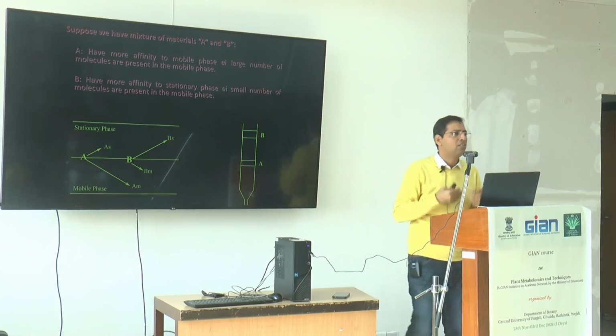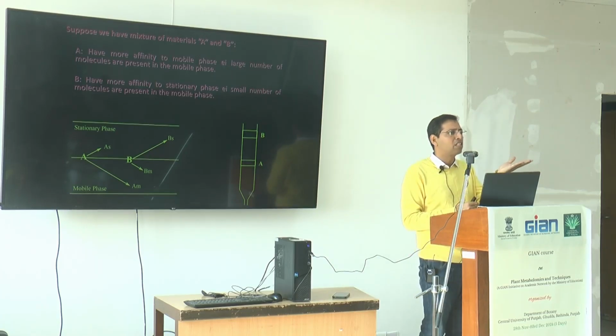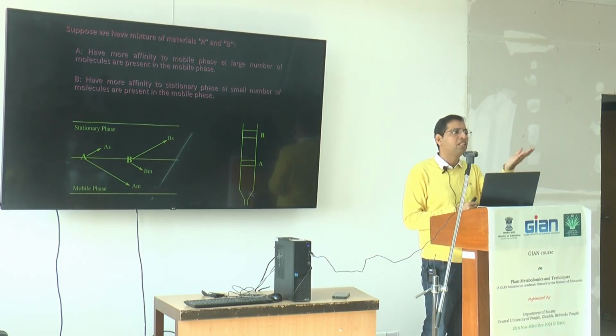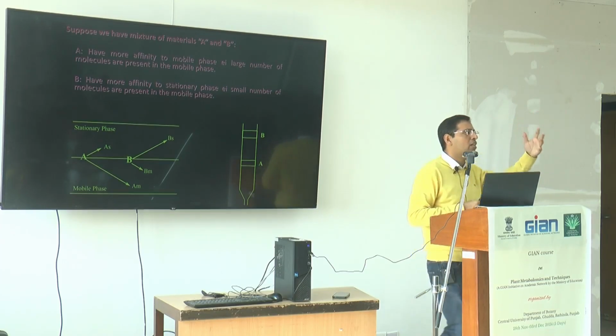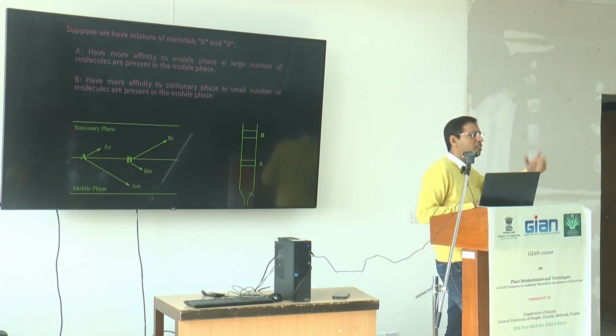This way, you can understand which compound comes first. The peak of any analyte comes first which has more solubility in the mobile phase as compared to the stationary phase. The other components come later because they have more interaction with the stationary phase.